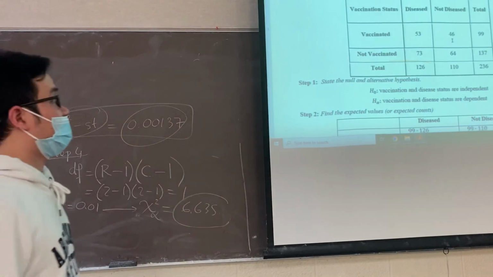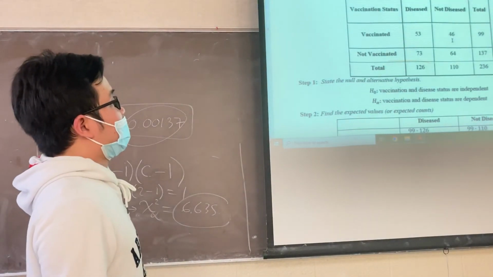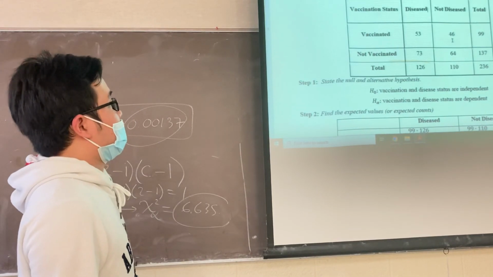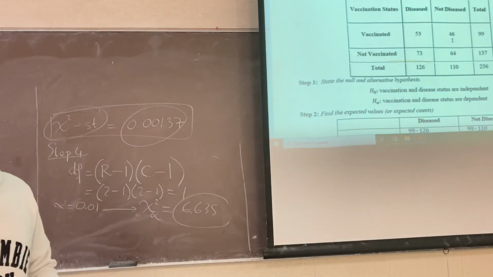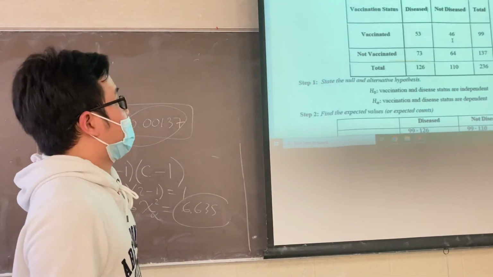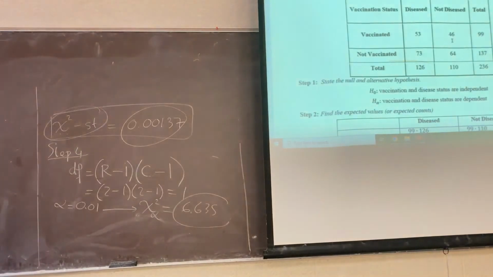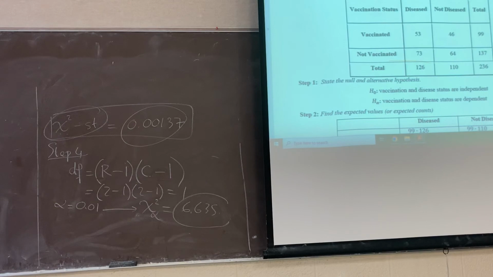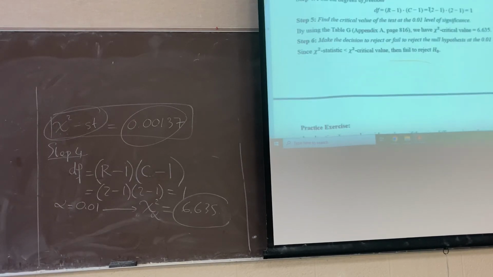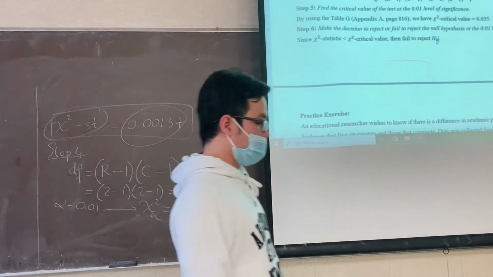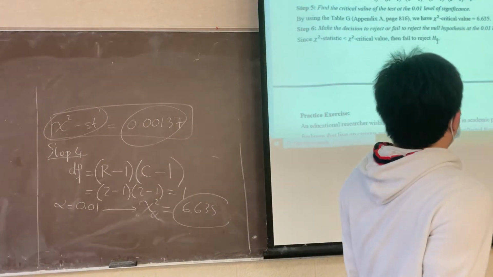That means we don't have sufficient evidence to determine if vaccination and disease status are related. But it depends on the level of significance. And you fail to reject the null hypothesis. Fail to reject doesn't mean that you accept the null hypothesis, right?